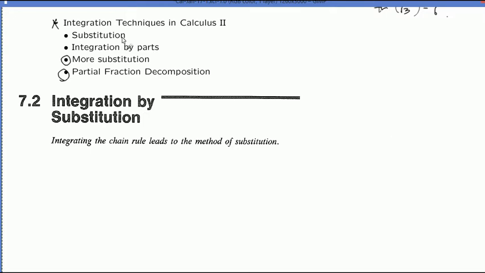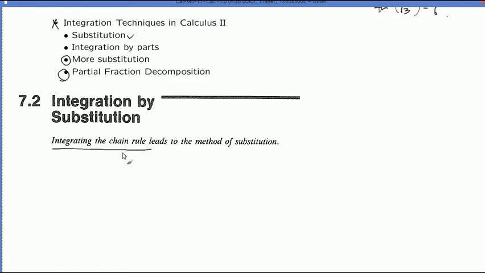So the first one is the substitution method, and here it says integrating the chain rule. The result of the chain rule leads to the substitution method. How did we actually integrate in 7.1? It was just differentiating and doing it backward, right? You look at the elementary basic function and differentiate it, and then go backward.